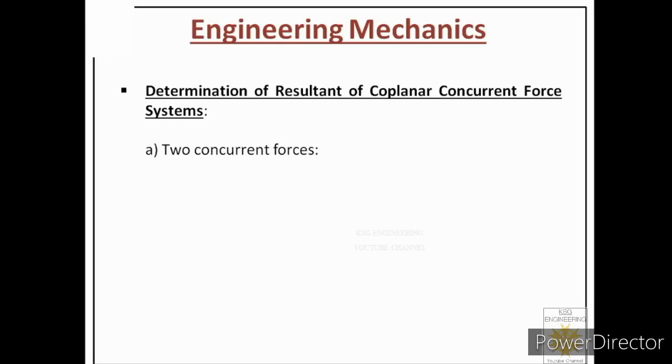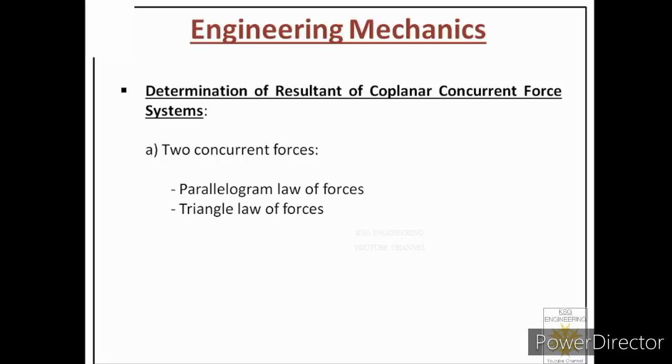So first of all, we will talk about two concurrent forces. Means we have two forces which are coplanar, means which are in the same plane, and they are meeting at a common point. So they have a point of concurrency, and we will see how to determine the resultant of such a force system.